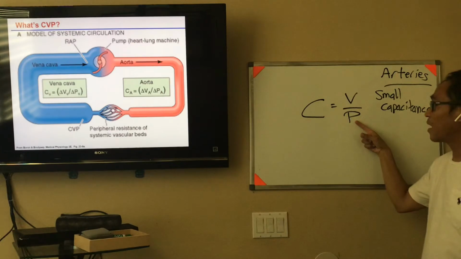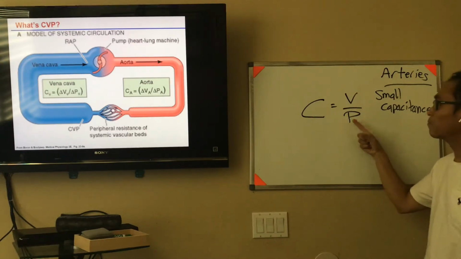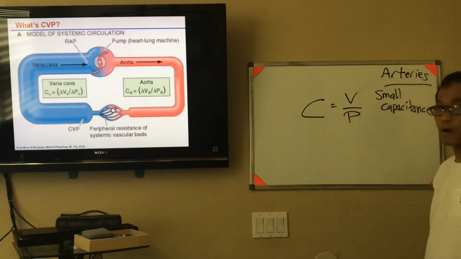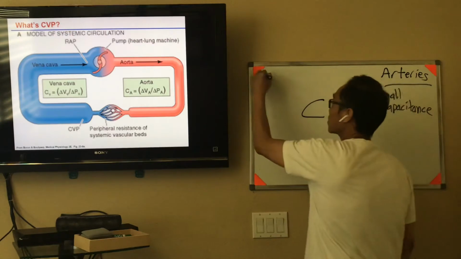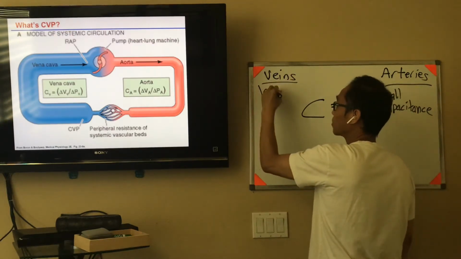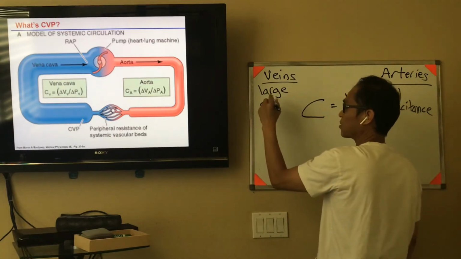So if you divide a small number by a large number, you get a small number. Arteries are small capacitance. Veins are a very compliant vessel. They're very large capacitance. In fact, they're called your capacitance vessels or blood reservoir.